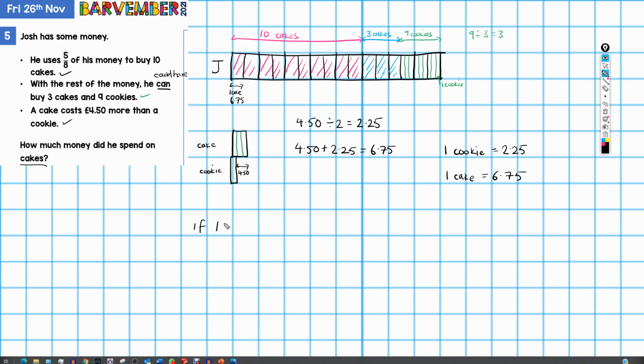So if 10 cakes, then the answer would of course be 675 times 10, which would give us £67.50. And if 13 cakes, which is the vote of this particular household, 675 times 13 would give us the answer, which would then be £87.75.